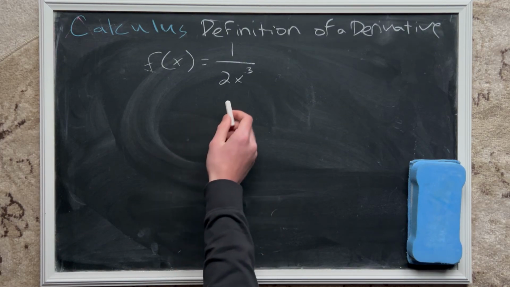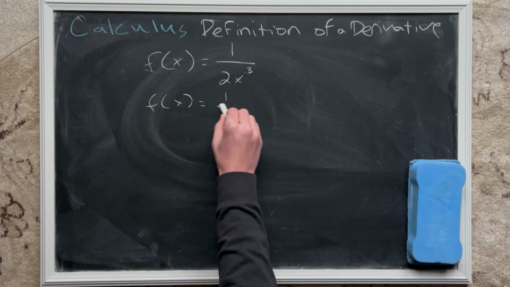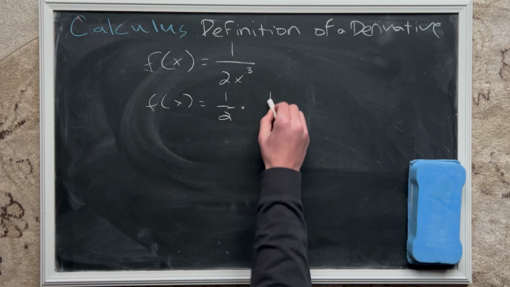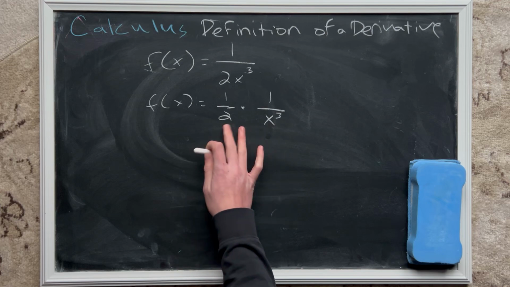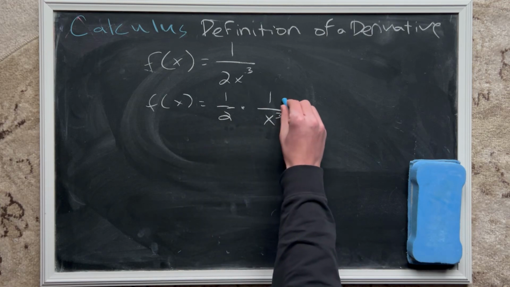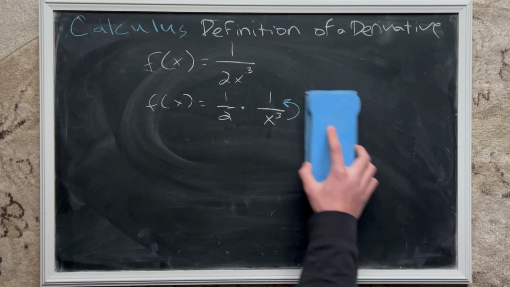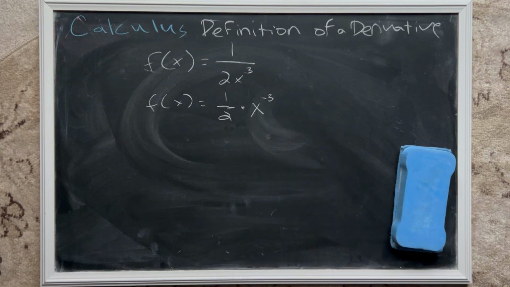So we can change this to f of x equals 1/2 times 1 over x to the 3rd. Right? Because we can just separate that denominator into multiplication. And this 1 over x to the 3rd, we can actually just bring that up as a negative exponent. So I'll change that to x to the negative 3rd. So now we have 1/2 times x to the negative 3rd.